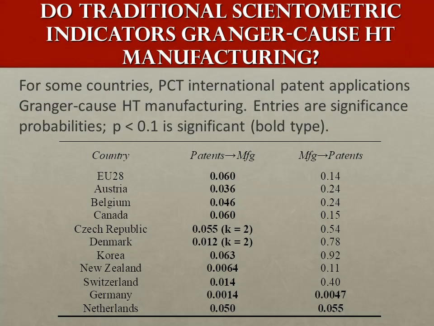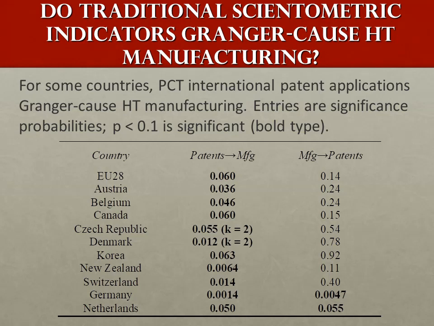So that's not so bizarre. All right. Well, what about some traditional scientometric indicators? This conference, ISSI, is for scientometricians, and the indicators we've been using here, like BIRD, business expenditures in research and development, and high-tech manufacturing, are a little bit outside their scope.